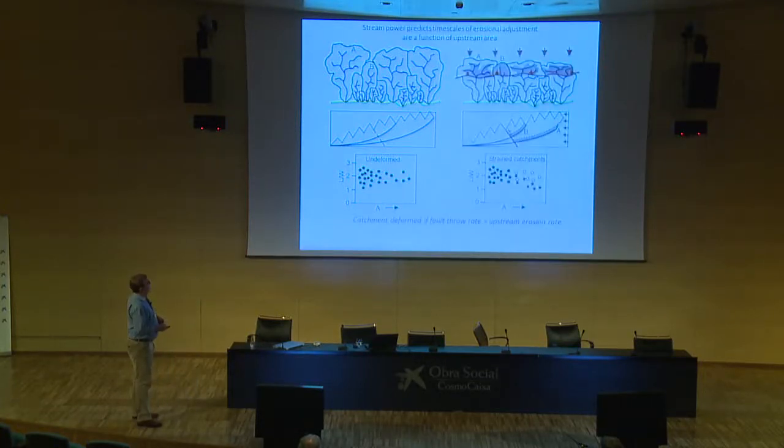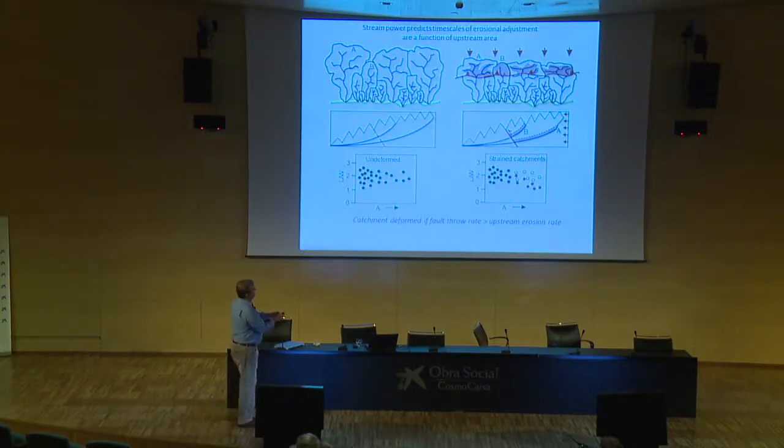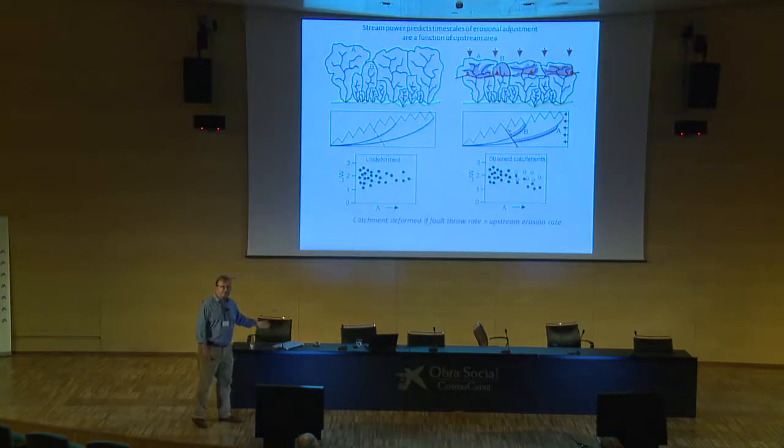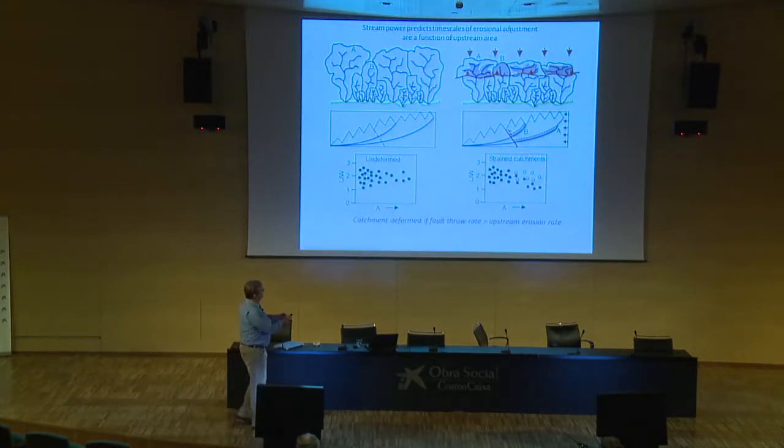But if we consider a fault system running through a series of catchments of variable size, we would expect the response of a river to displacement by a fault in a stream power model, which has been well constrained, is the upstream migration of a kinetic wave or a knickpoint, over steep and reach up the catchment.